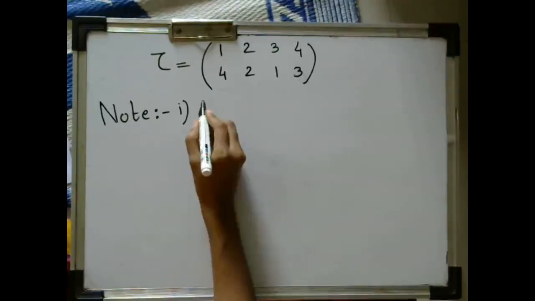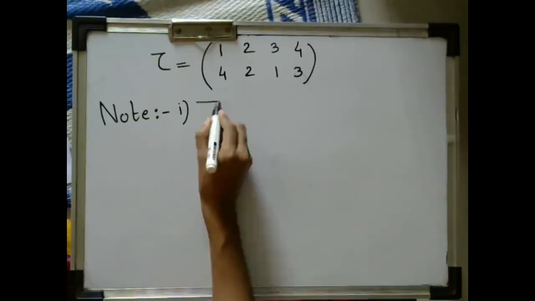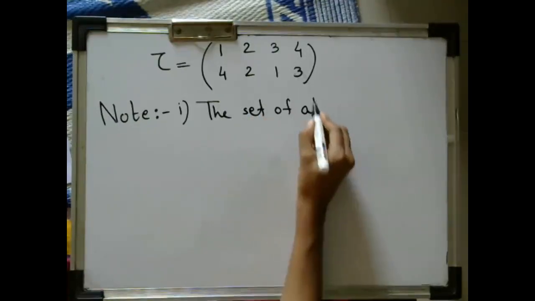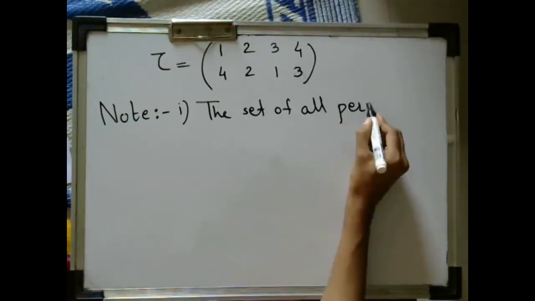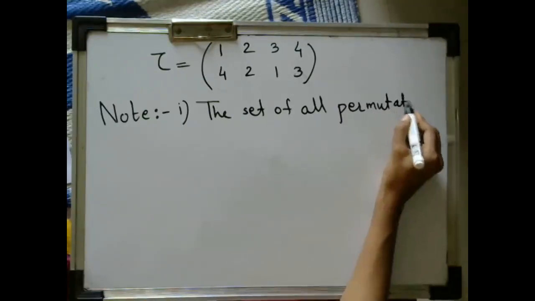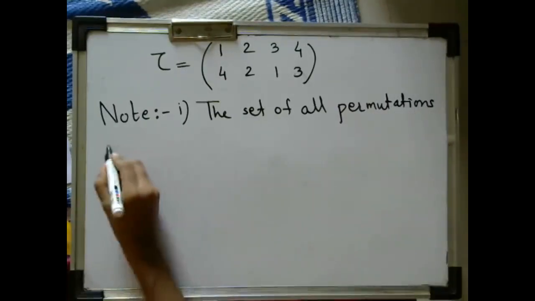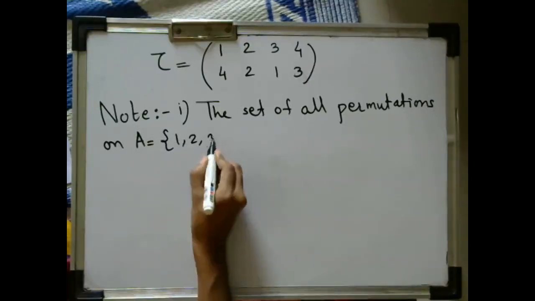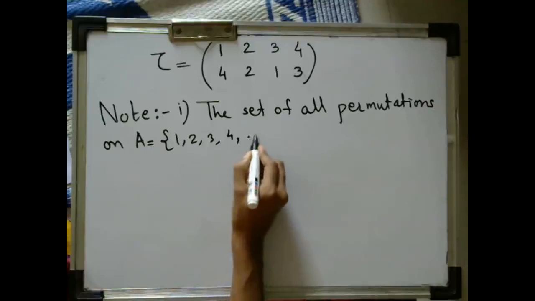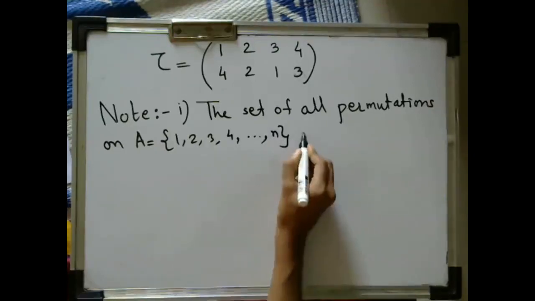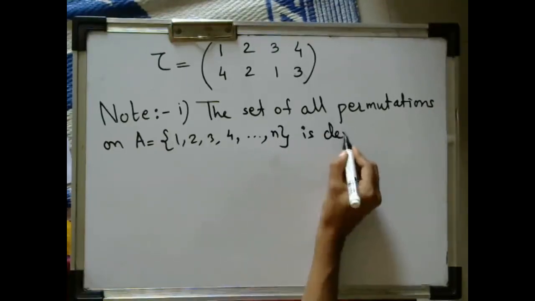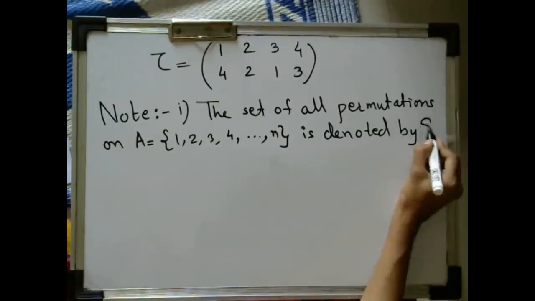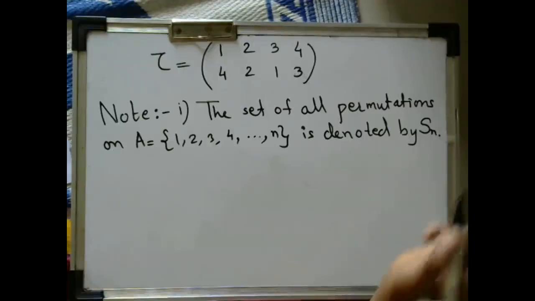First, the set of all permutations on the set A with n objects, that is A equal to 1, 2, 3, 4 up to n, is denoted by the symbol Sn, capital S with suffix n.